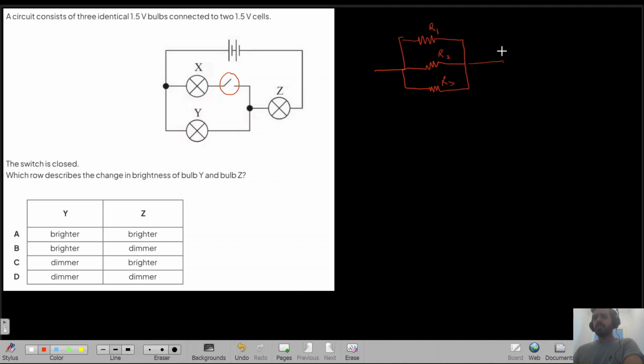You should always remember that the equivalent resistance of this parallel circuit will always be smaller than R1 or R2 or R3. So the equivalent resistance of the parallel circuit will always be smaller than the smallest resistance in the circuit.